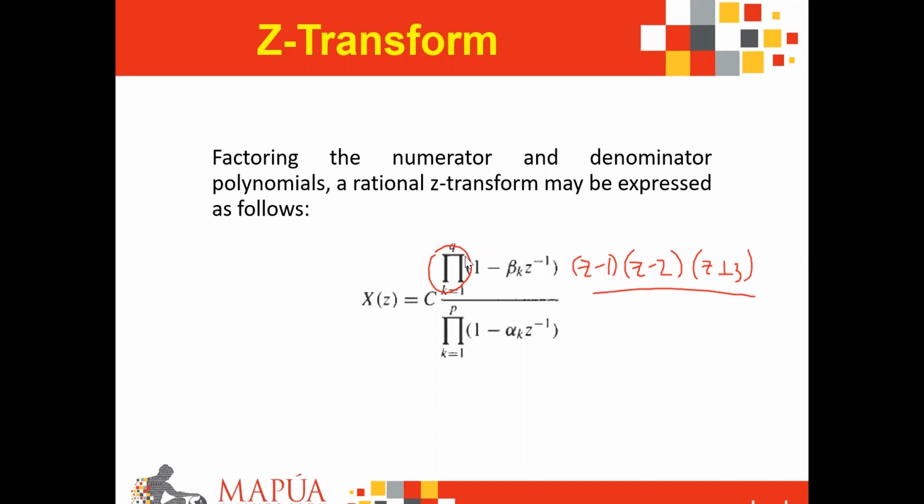Tapos ang denominator niya, may factor uli ng Z. So yun yung A tsaka B na nasa baba. Product terms. So meron ka naman dito Z plus 1, for example, Z plus 3, Z plus 4, lagyan natin para magkaiba, para hindi mag-cancel.